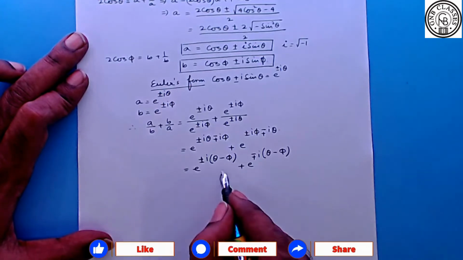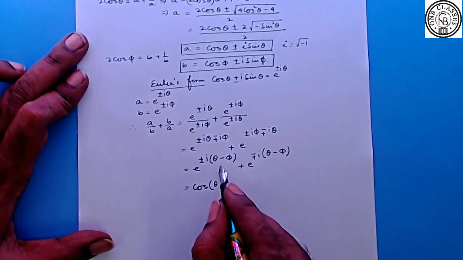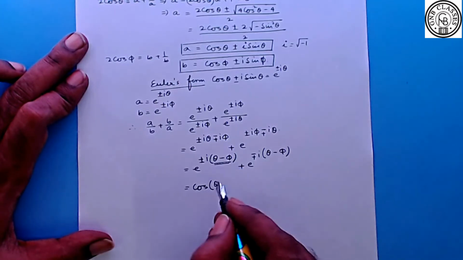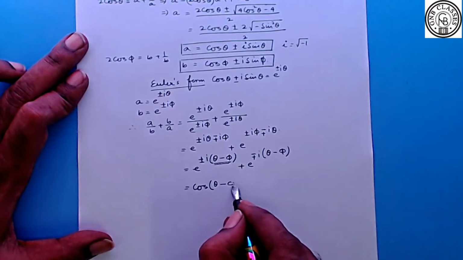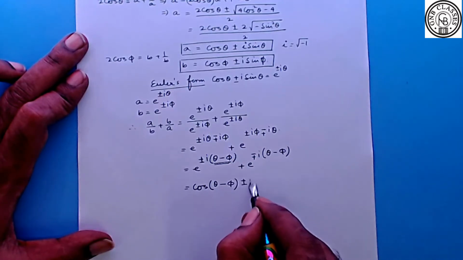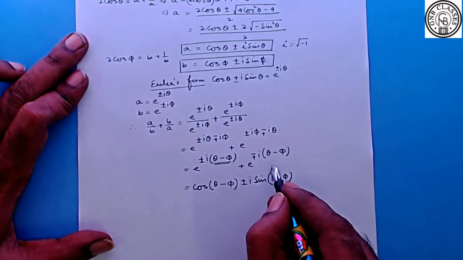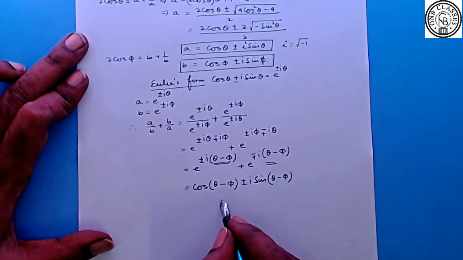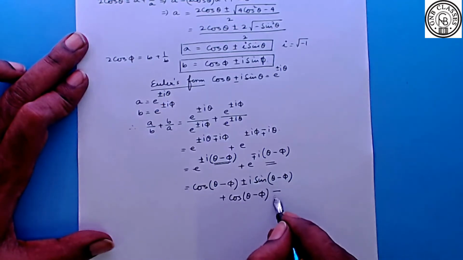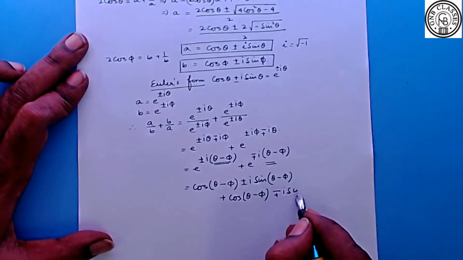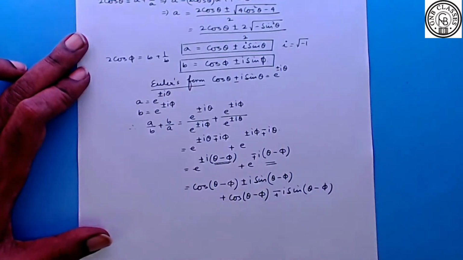So this can be written as cos(theta minus phi) plus minus iota sin(theta minus phi), and for this one you will write plus cos(theta minus phi) minus plus iota sin(theta minus phi). Is it clear to all of you?